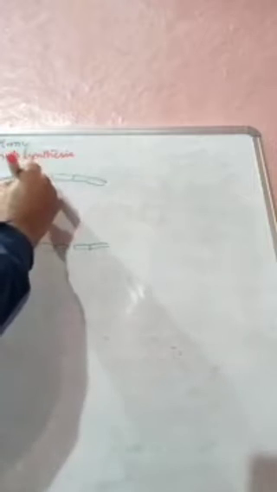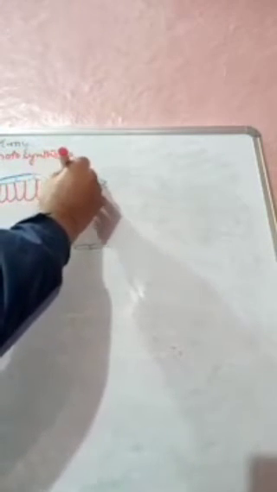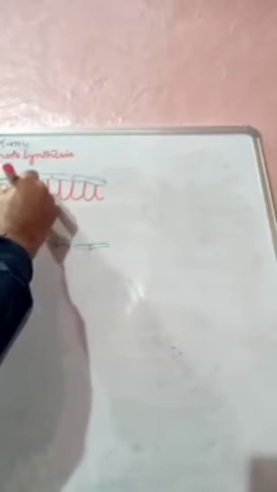There are two different types of mesophyll cells, and the main difference between them is in their arrangement. On the upper side, these mesophyll cells are compactly arranged and somewhat cylindrical in shape.